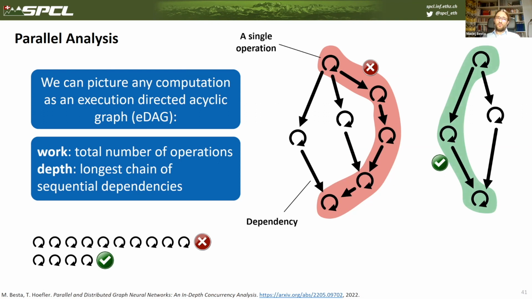Work will tell us about the total number of operations we need to conduct in a given GNN model execution, and depth would be the sequential bottleneck. So what is our bottleneck beyond which we can't really go? We can't overcome this bottleneck, regardless of how many processors we throw at a given GNN execution.